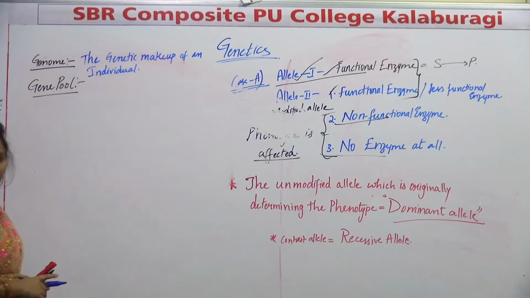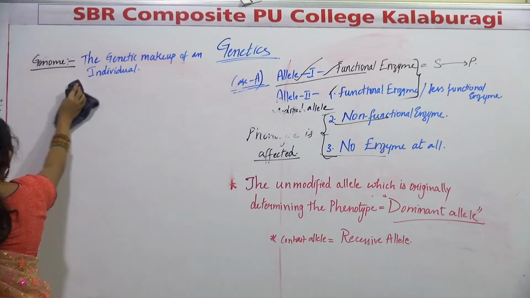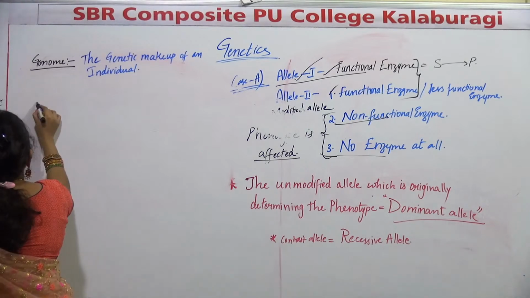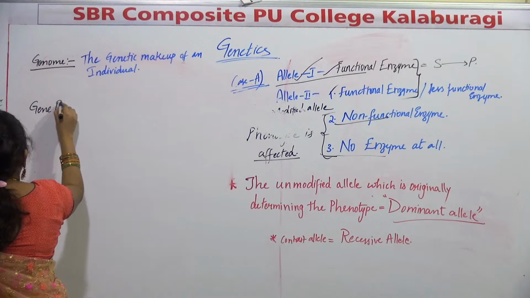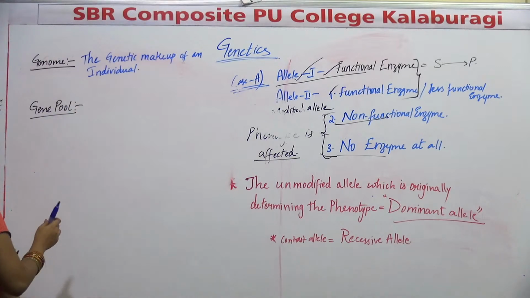The genetic makeup of an individual is known as genome. Okay, and followed by that, gene pool. How can we define gene pool?